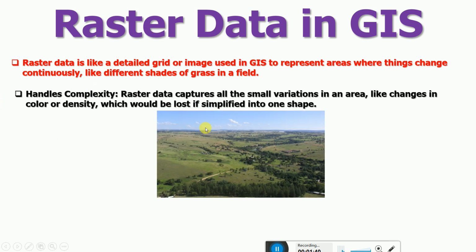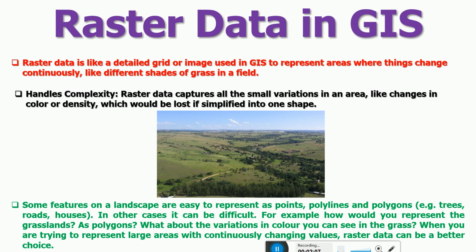See, this is a picture, but it cannot be represented by vector data. It can be represented by raster data, because here the tree color is different, the land color is different, and the sky color is different. So when we make data for this, we will of course make raster data, because we have to show the color change. How we make it, we will see later.